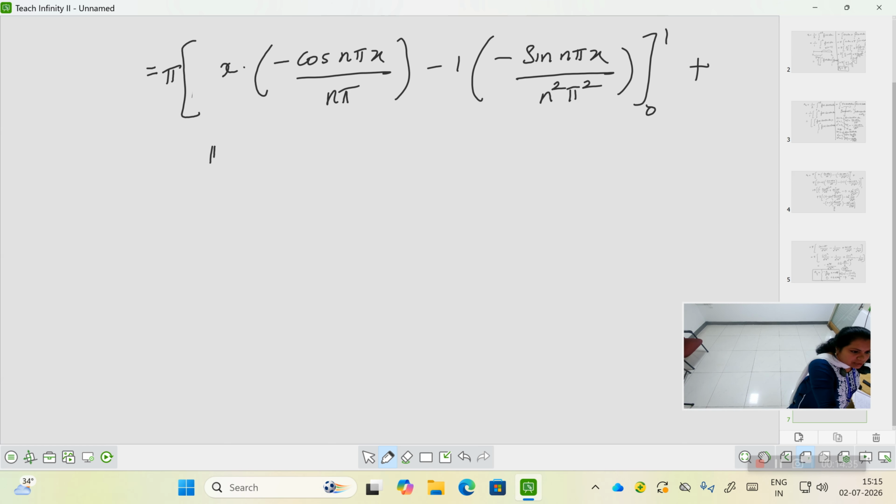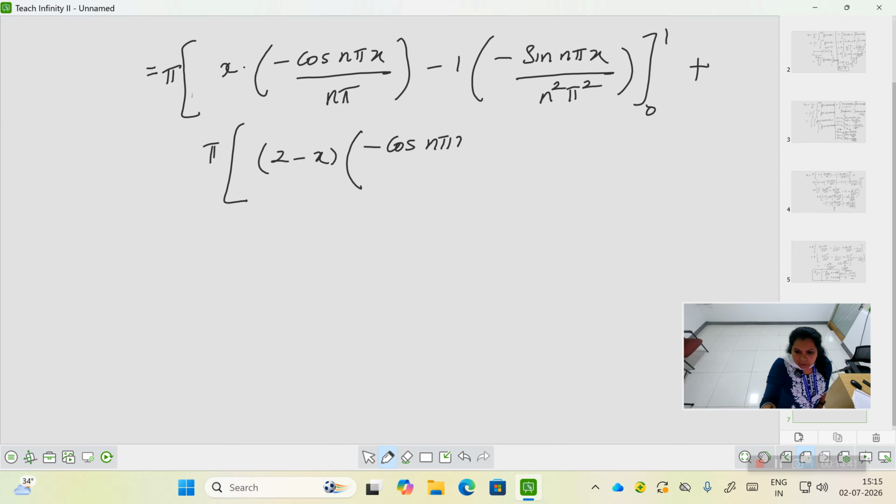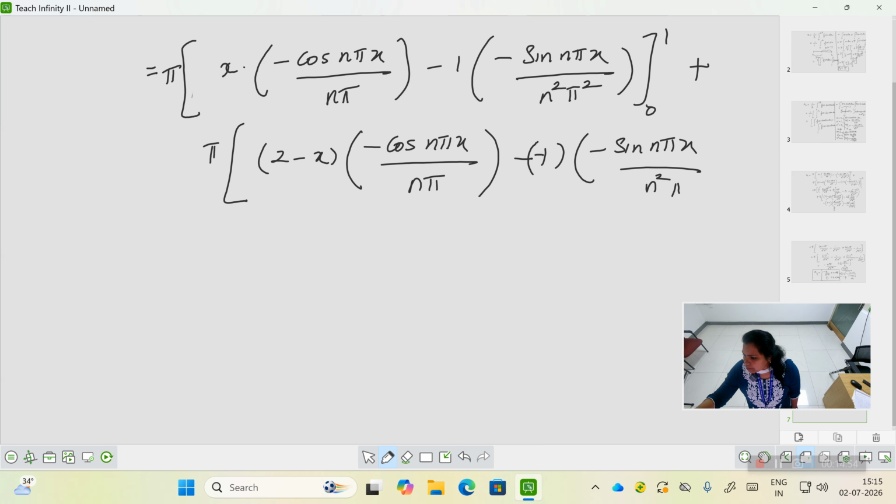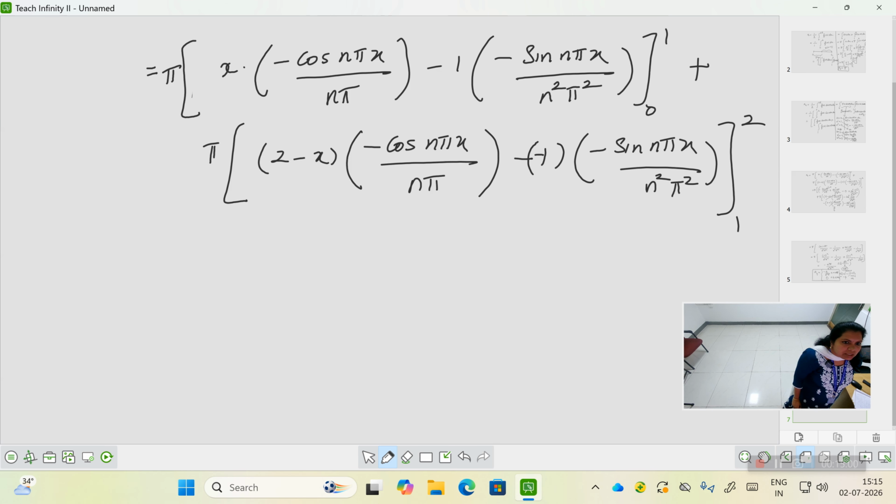So pi is outside, okay, pi is outside. 2 minus x into minus cos n pi x by n pi, and minus of minus 1 into minus sin n pi x by n square pi square, where the limit is from 1 to 2. So substitute the values here one by one.